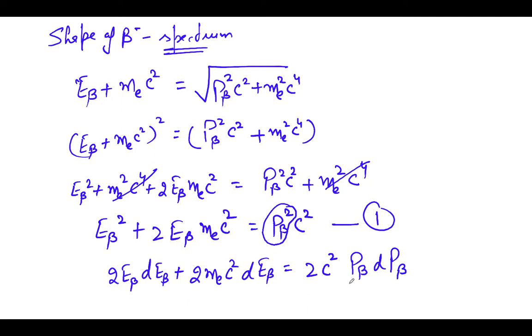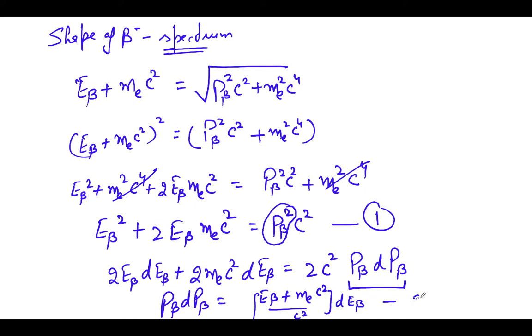So from that we can find this momentum, p_β dp_β, which is equal to (E_β plus m_e c²) over c² into dE_β. So let us say this is our equation number 2.